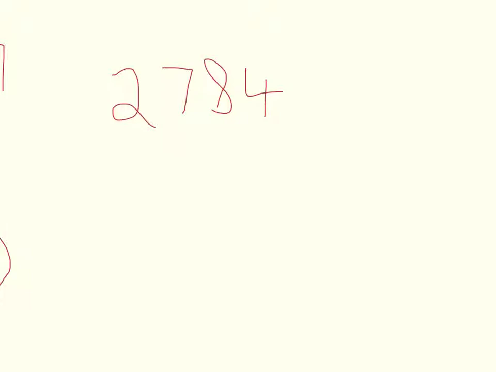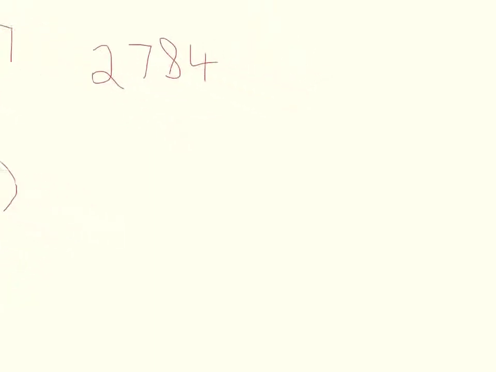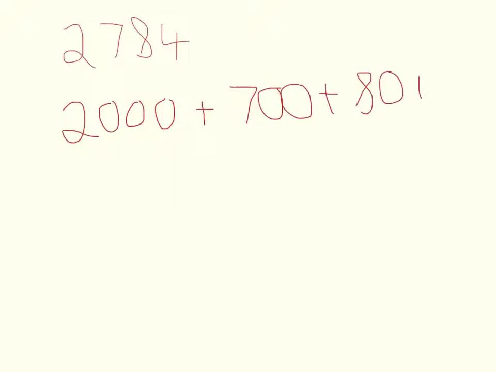That's very simple. I've shown you how to do this before, but I'll give you a little reminder. Let's put this number to the side as a reference. We're simply adding 2,000 plus 700 plus 80 plus 4.